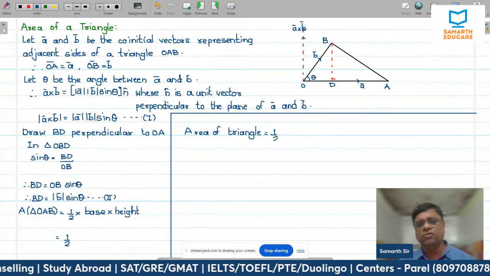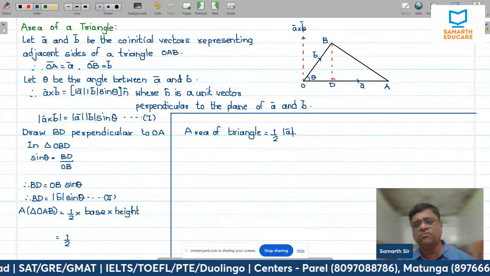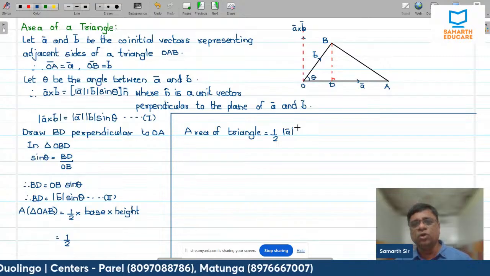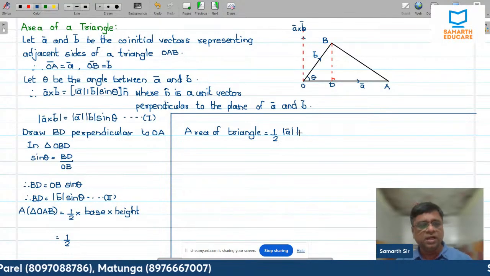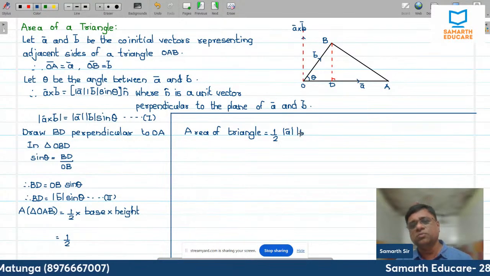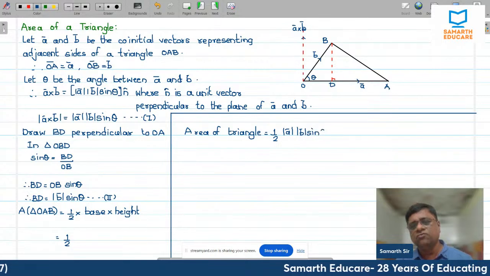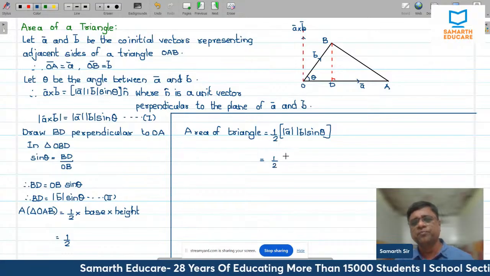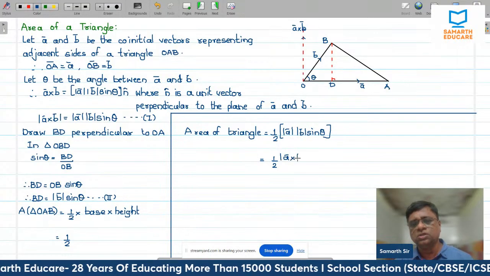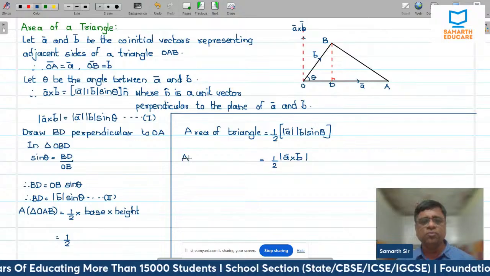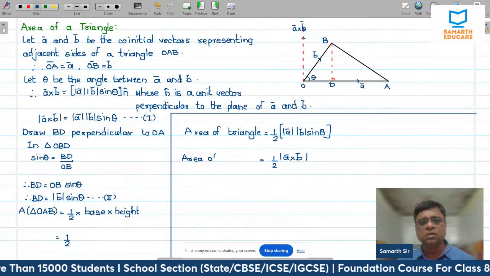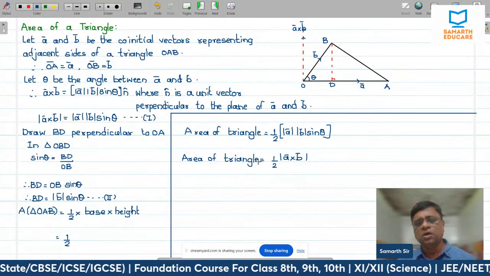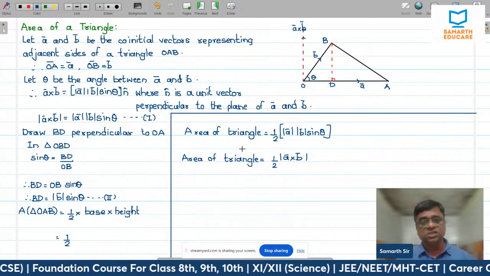It is half. What is the base? Base is mod A bar, that is OA bar. And what is the height? That is BD, which is mod B bar sin theta. If you observe, this part is nothing but mod of A bar cross B bar. And hence, we have proved that area of triangle is always given by half mod A bar cross B bar, where A bar and B bar are the adjacent sides.